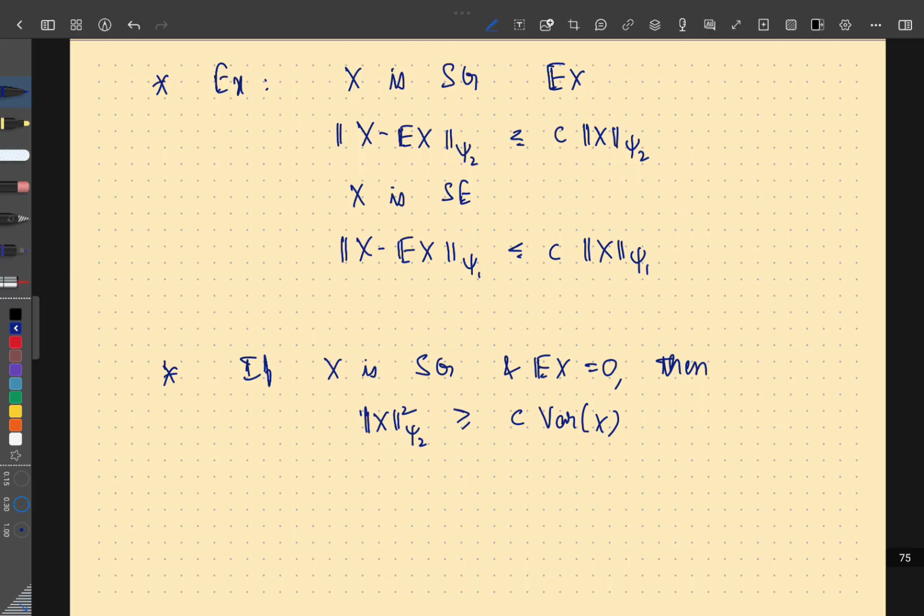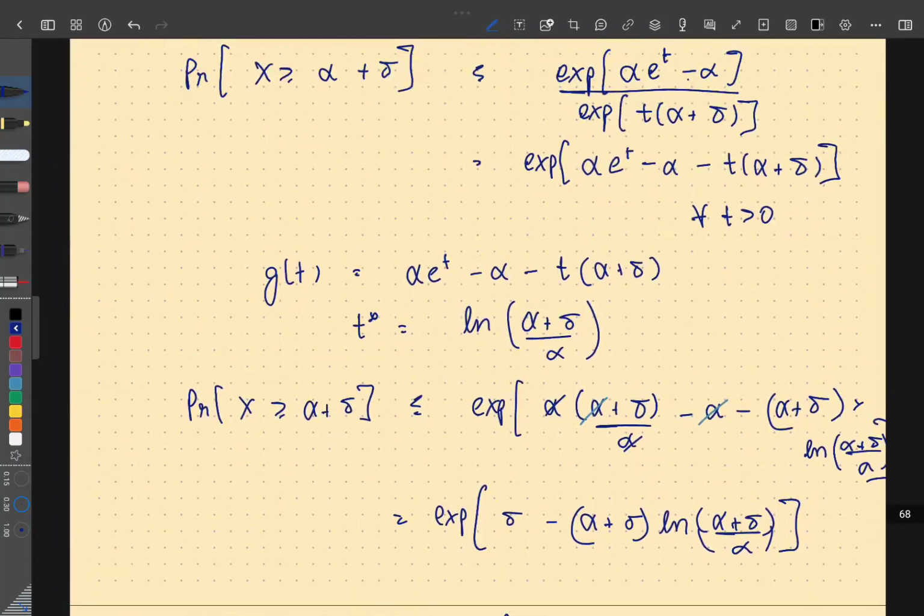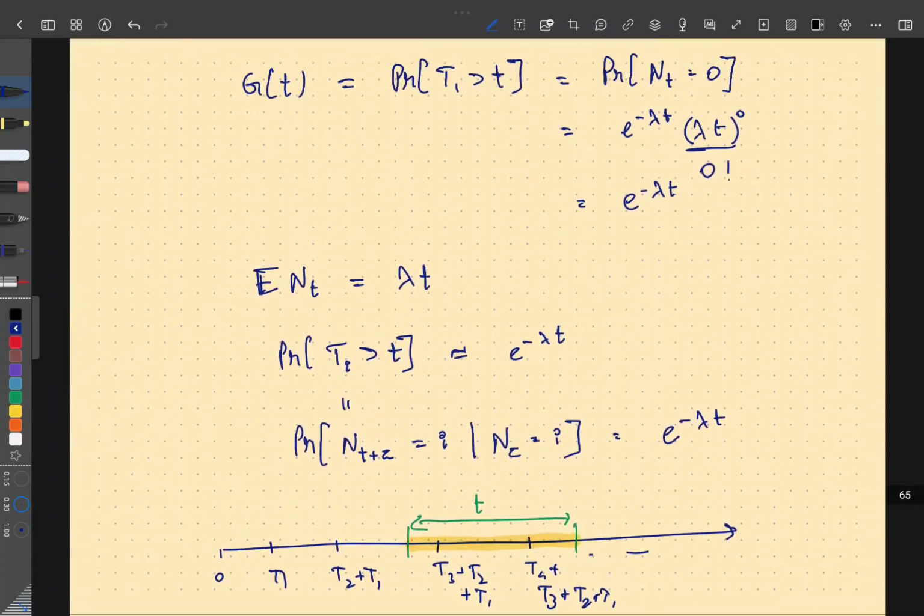And this, again, is a straightforward application of property 2 that we had for subgaussian random variables.